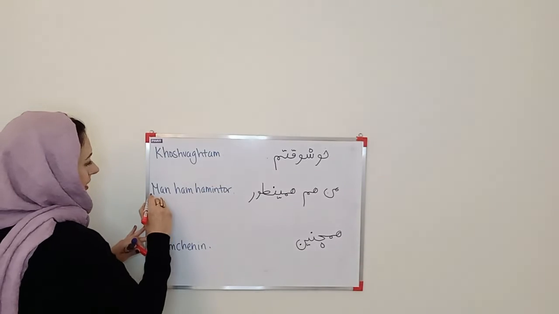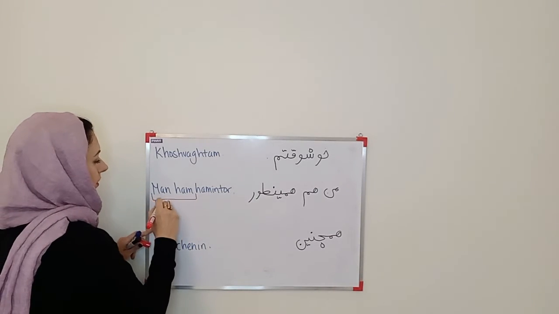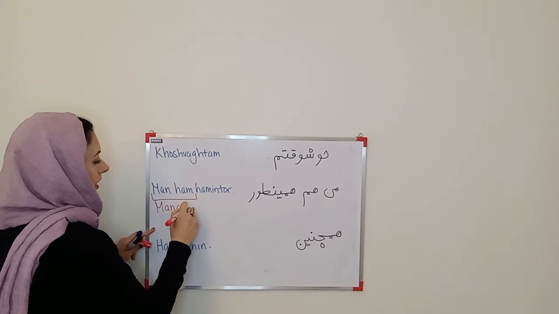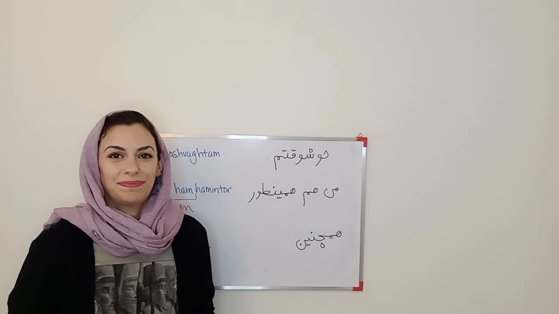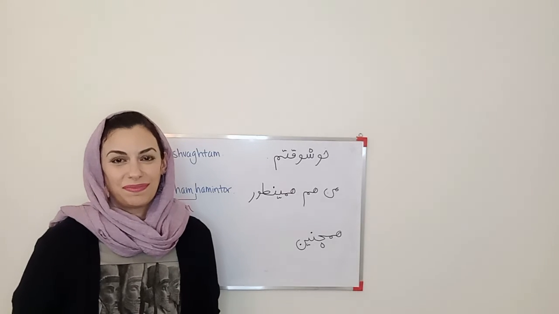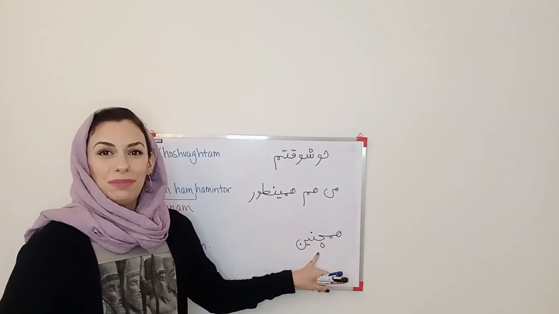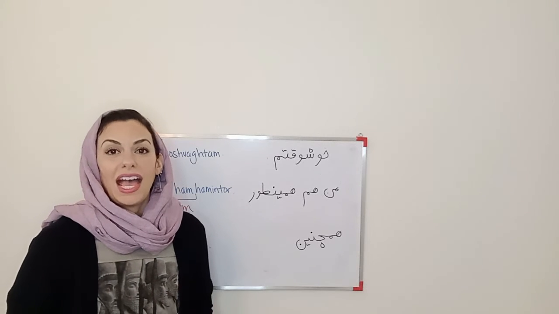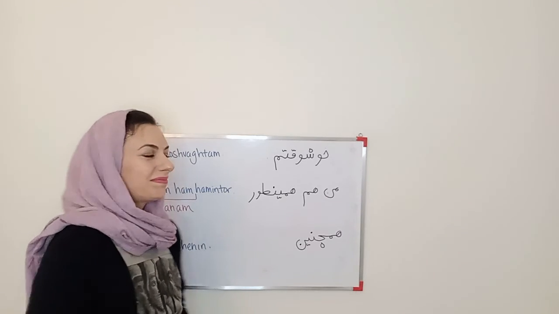When we say this, we run man ham together, so it sounds like manam. Manam hamintor. Another thing that you could say is hamchenin. Likewise, a little bit more formal.